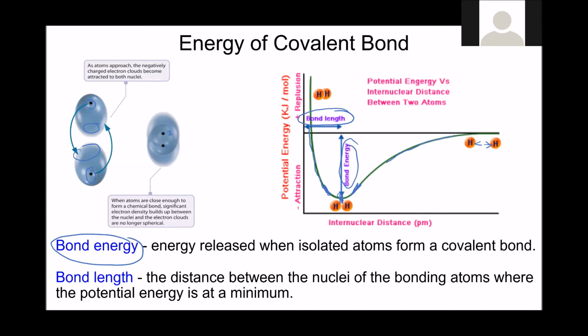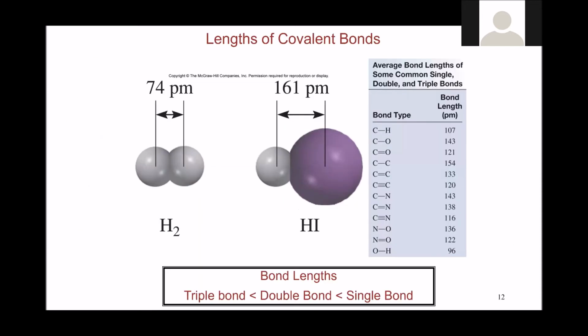It's how much energy released when the bond forms, and the bond length, which is the distance between the 2 nuclei of the 2 atoms forming the bond in that molecule. The length is gonna depend on 2 things. It's gonna depend first on the size of the atoms involved.